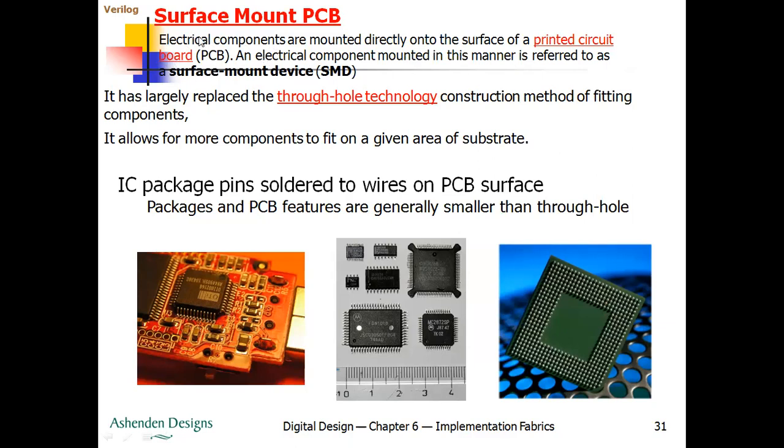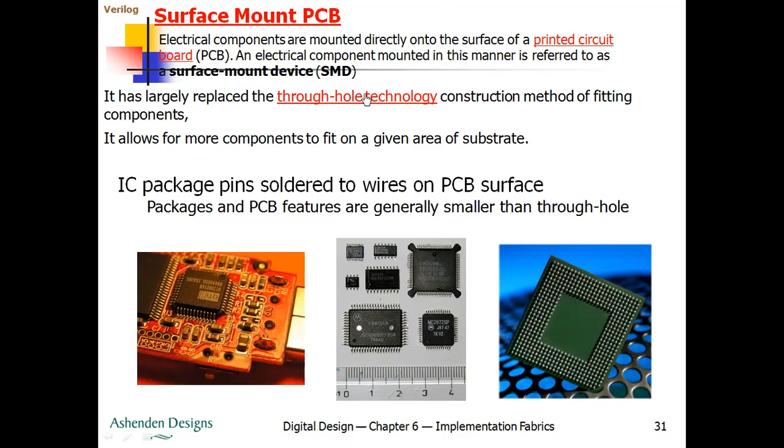In case of surface mount PCB, electrical components are mounted directly onto the surface of a printed circuit board. An electrical component mounted in this manner is referred to as a surface mount device. It has largely replaced the through-hole technology.